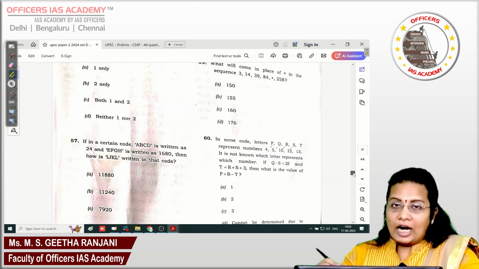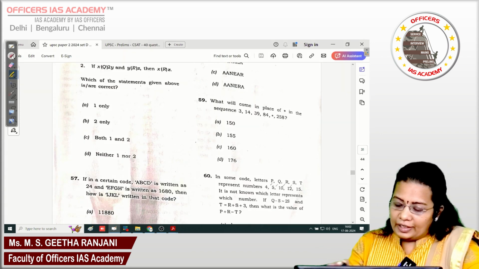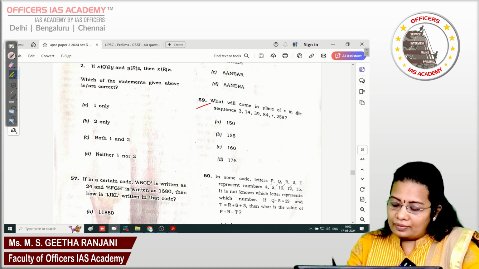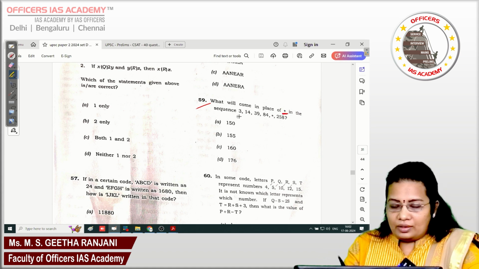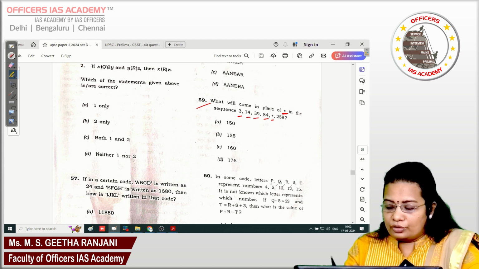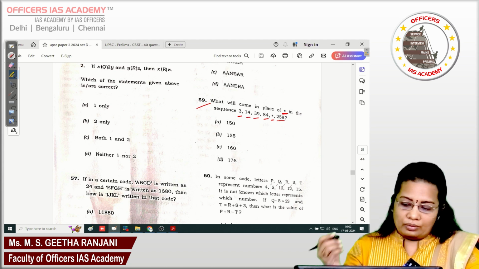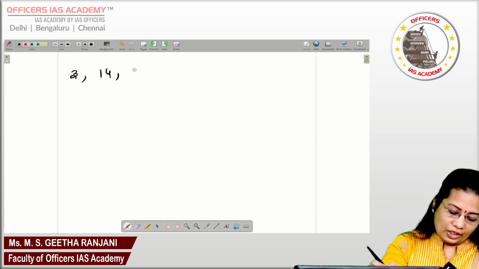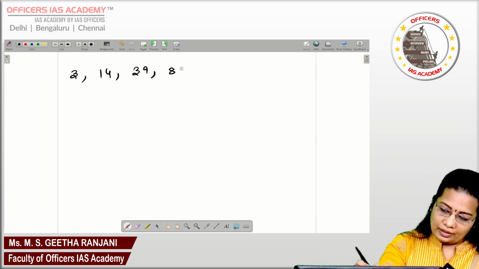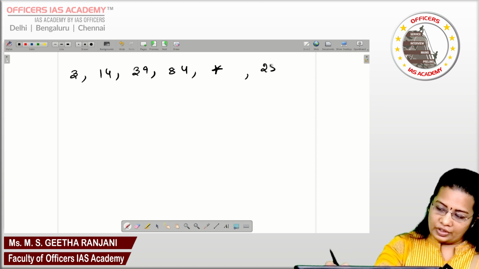Next question, number 59. What will come in place of the asterisk mark? That is the star, it is given. Sequence: 3, 14, 39, 84, star, 258. So I need to take the white page to solve this. The values given are 3, 14, 39, 84, star and 258.